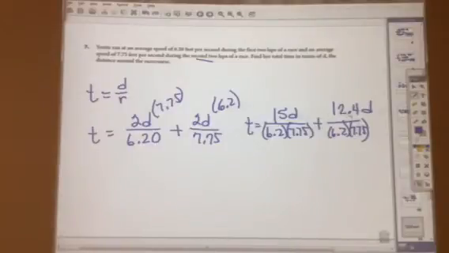Then 15D plus 12.4D would give me 27.4D over, when I multiply 6.2 times 7.75, I will get 48.05.